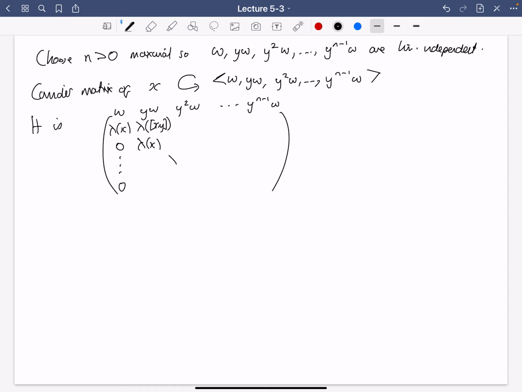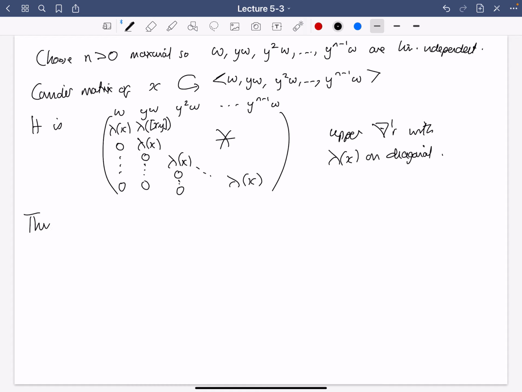And so I claim that actually what happens is that this matrix is upper triangular with lambda of x on the diagonal. And this follows by a simple induction.